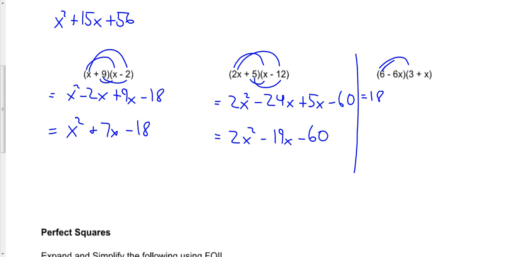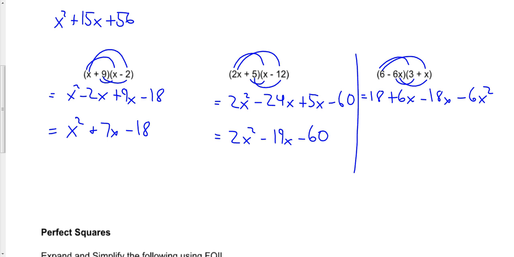I'm going to multiply 6 times positive x, which will give me positive 6x. I'm going to multiply negative 6x times positive 3 to give me negative 18x. And finally, negative 6x times positive x to give me negative x squared.